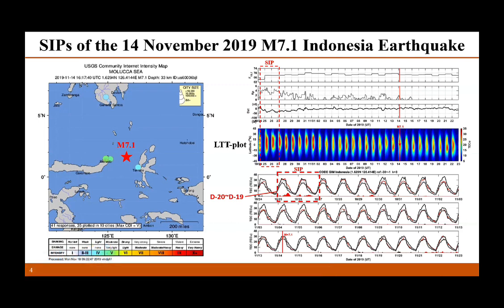The black curves stand for the upper bound and lower bound, based on a mean-based construction. So whenever the observation exceeds the upper bound or lower bound, about 15 days before the earthquake, we can detect it and consider it a so-called anomaly.